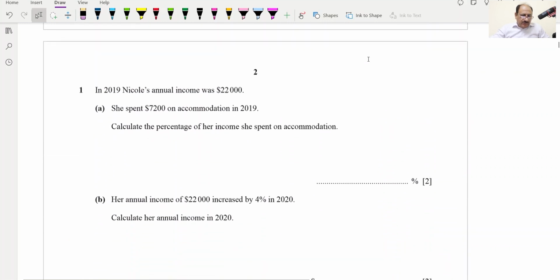Question number 1 says in 2019 Nicole's annual income was $22,000. She spent $7,200 on accommodation in 2019. Calculate the percentage of her income she spent on accommodation.